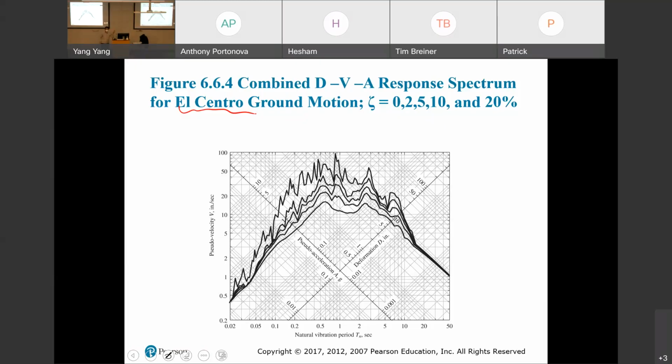So a lot of textbooks and engineering guidelines use El Centro, because this is the first earthquake record obtained by human beings.